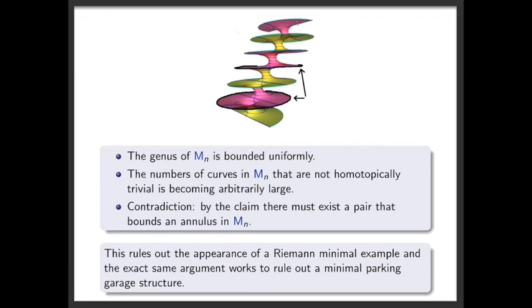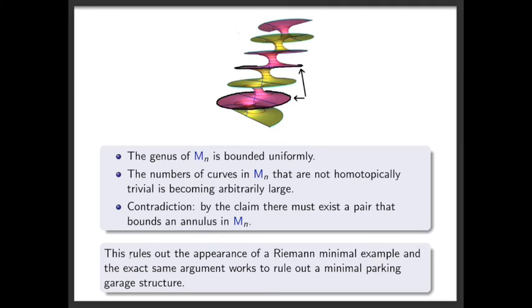In this case, the number of pairs of curves which are not homotopically trivial is becoming increasingly large, but the genus is bounded uniformly. So eventually, we will get a pair which bound an annulus, and we obtain a contradiction.